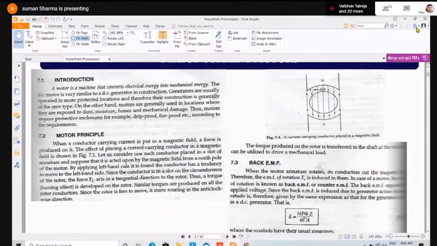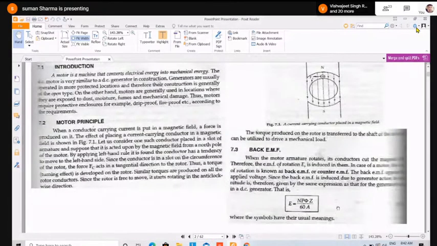It depends whether the winding is lap winding or wave winding. If it is lap winding, then A is equal to P, that is the number of poles. And if it is wave winding, then A is 2. So this we have derived earlier. The same expression is utilized here for back EMF. Symbols have their usual meanings.